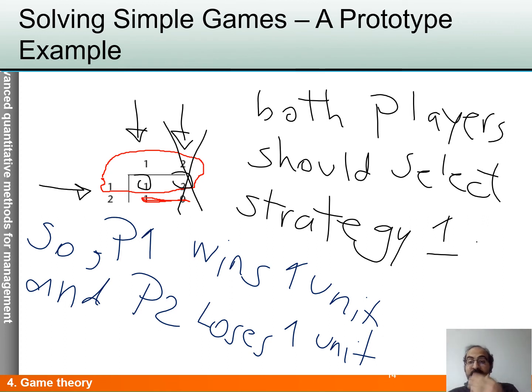But by selecting and changing the strategy, if there is a loser, the loser wants to lose less than in the other situation, like this part that I did. The strategy 1 selected by player 2. Why? Because he or she prefers to lose 1 unit instead of 2 units. Okay, let's go to the next one.